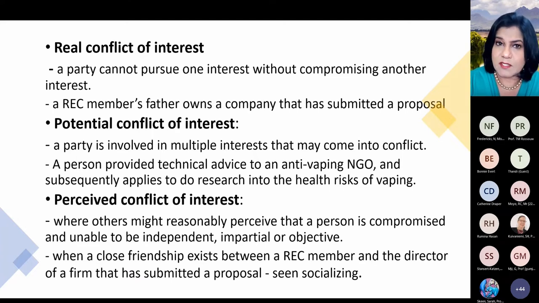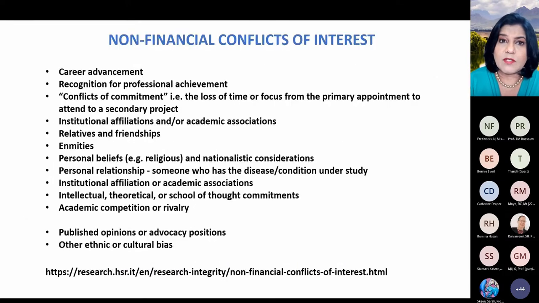And then, of course, there's just the perceived conflict of interest, where people may perceive someone to be compromised in a specific way because of friendships, for example, between researchers and REC members and various other such scenarios. Now, most commonly, there is discussion around financial conflicts of interest, but I have put up this slide to show the many other types of non-financial conflicts of interest that often come into play.